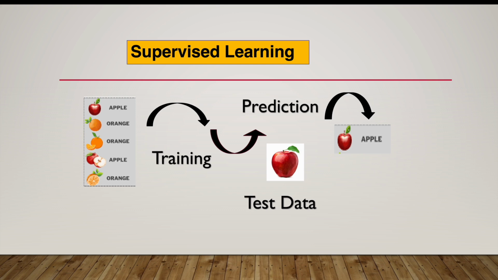So when the machine learning algorithm sees a lot of data, various shapes of apples, various types of oranges with different features and shapes, it will be able to recognize, when it sees actual data in real time, okay, this is an image of an apple.